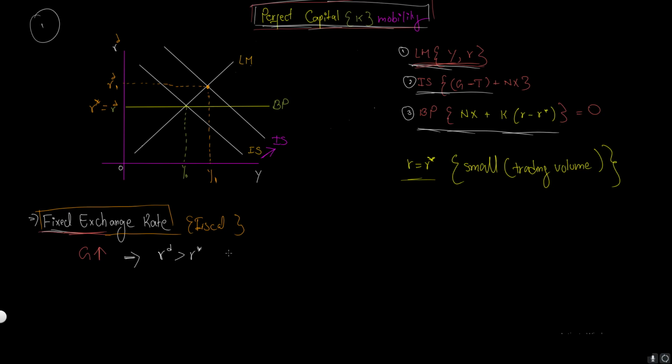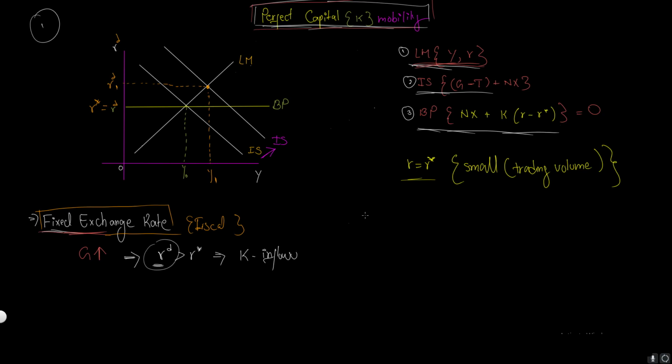If the domestic interest rate is greater than the international interest rate, foreign investors would try to pool their money into this economy because they see that these people have a higher interest rate. If I were to invest in this country, I would have a higher rate of return relative to investing in other countries. That will incentivize them to invest in the domestic economy. Therefore, that is going to cause capital inflow.